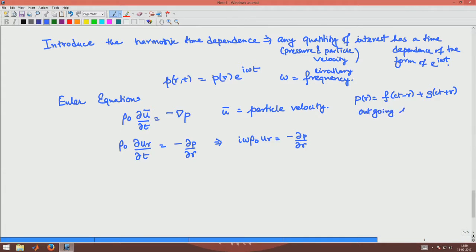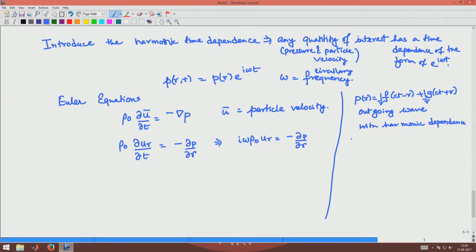In the plane wave case, we replaced ct minus r with omega t minus k r, where omega by k turned out to be c. Exactly the same thing we are repeating now.